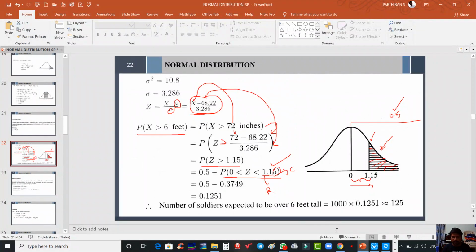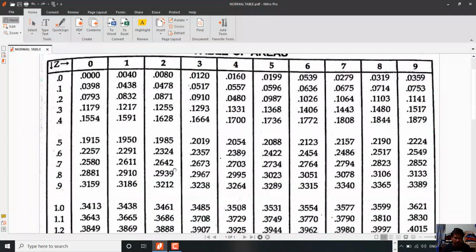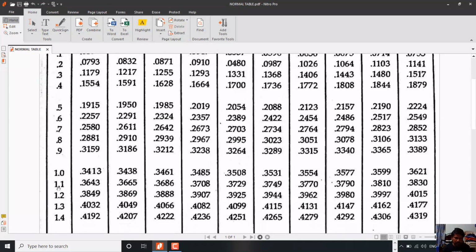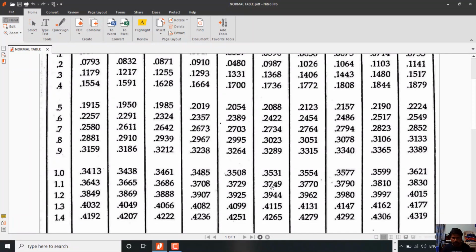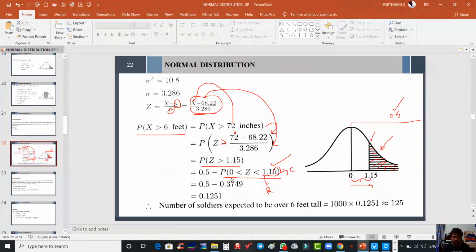For the value 1.15, we see 1.1, the 1.1th row, and the 0.05th column. So the 1.1th row, 0.05th column is 0.3749. So this value 0.3749 we have substituted here.